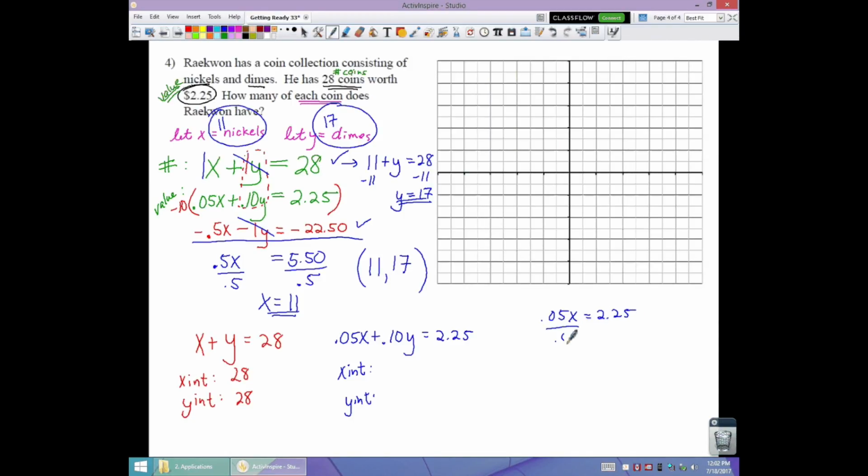Well, when I divide both sides by 0.05, that is 45. When I reverse that and I get rid of the x term and just solve 10 cents y equals 225, divide both sides by 0.10, y is equal to 22.5.